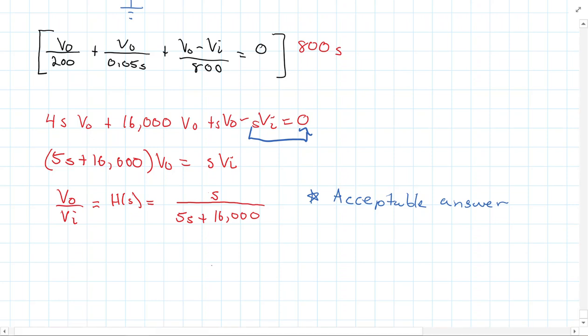So if we were to do that, I would have that this is equal to s over, well, I'm going to factor a 5 out, and then I'd have s plus 16,000 divided by 5, which would be 3,200, as my transfer function.